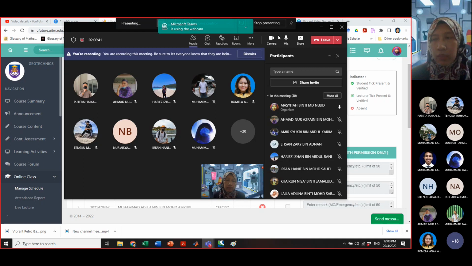Tak silap saya, dia akan lock masa mengikut you menjawab, bukan pada sistem tu tutup. Sistem tutup buka dengan masa you mula menjawab dan habis menjawab.